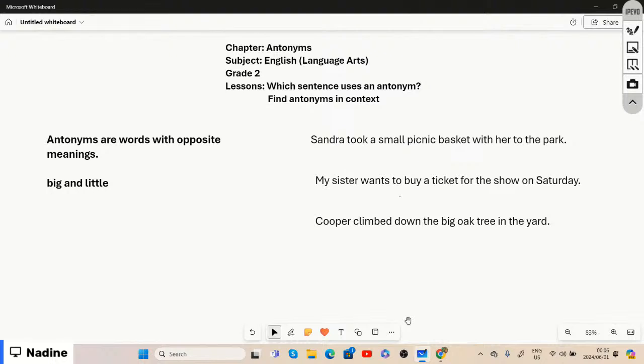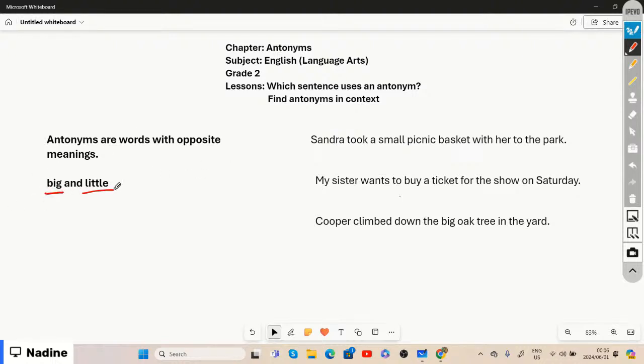So we said antonyms are words with opposite meaning, which means that, for example, the opposite of big is little.